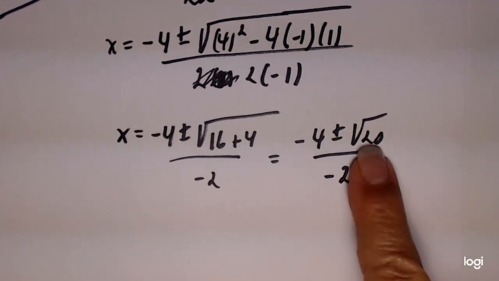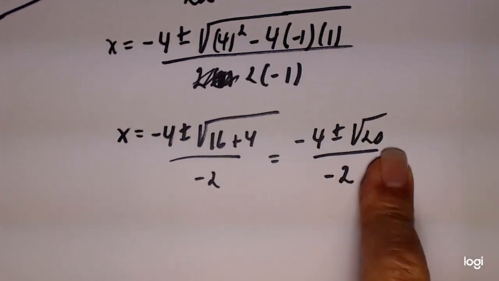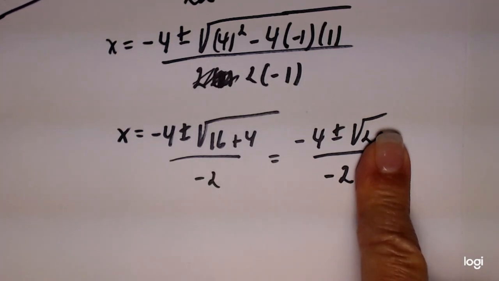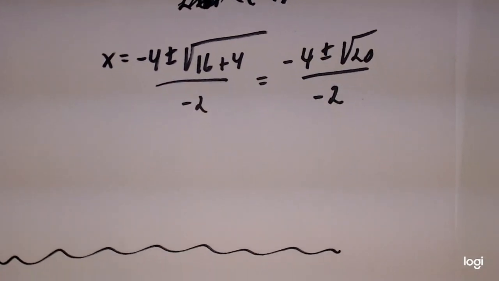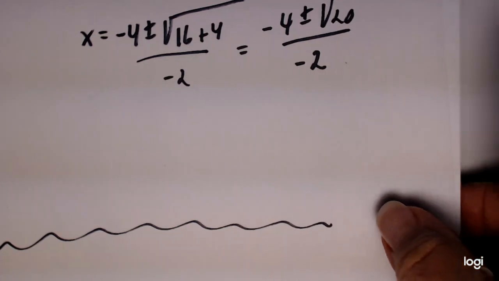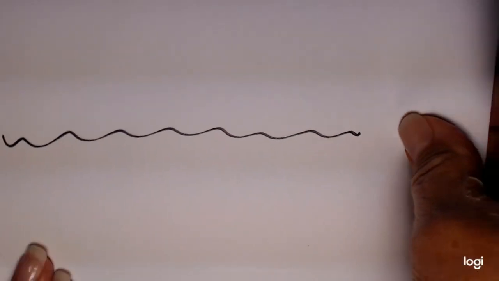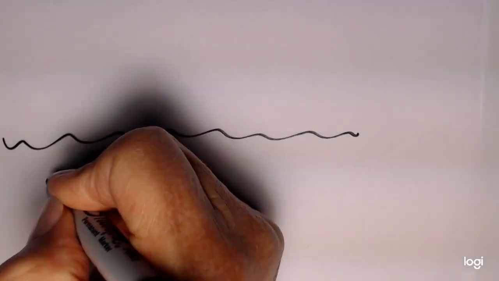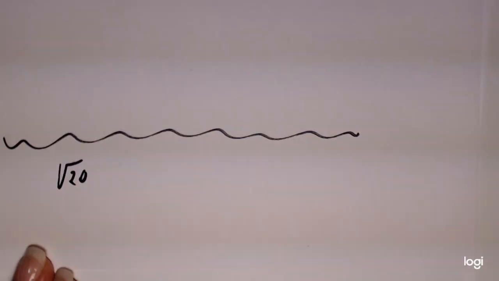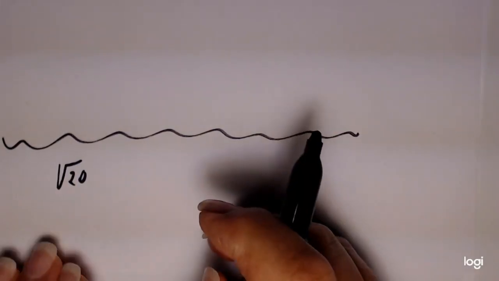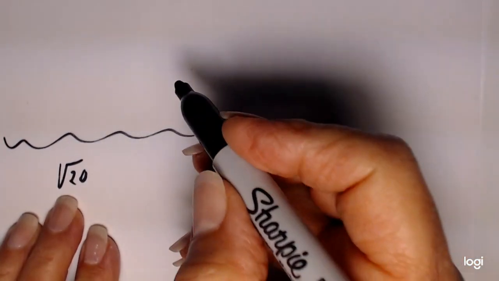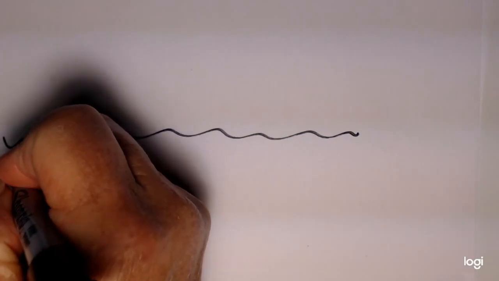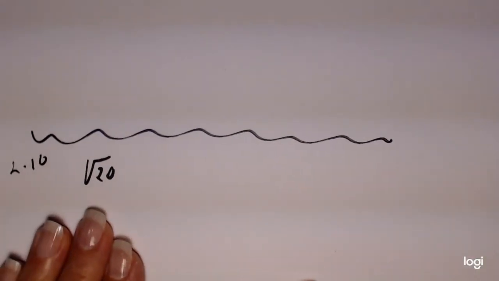By simplifying here, what we want to do is to pull out what we can under this radical. So for now, let's leave that, and let's take a look at simplifying this square root of 20. So there's 2 ways you can do this. One is to look at factors of 20. We have 2 times 10, but we want one of them to be a perfect square.